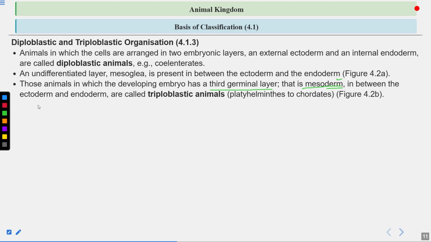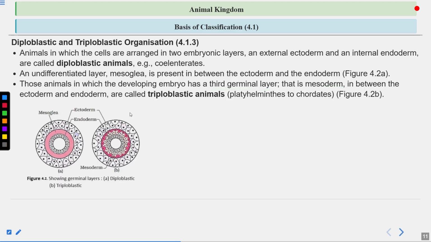They are present in between the ectoderm and endoderm, and that is why three germinal layers are there. That is why it is called a triploblastic animal. From platyhelminthes to chordate phylum, all these organisms exhibit this triploblastic level of organization.